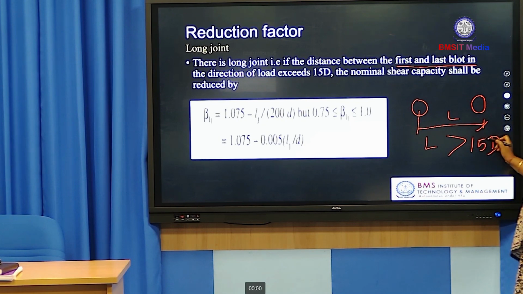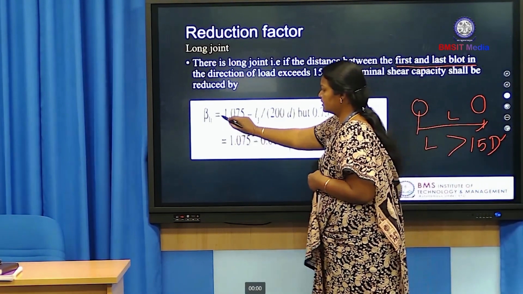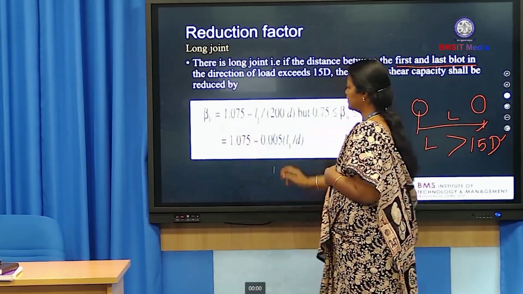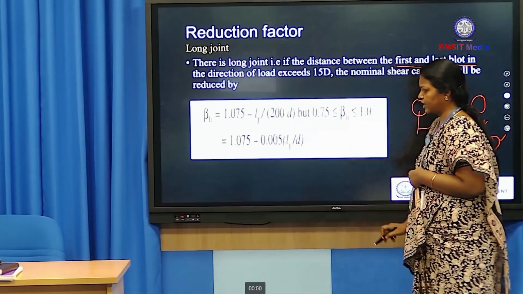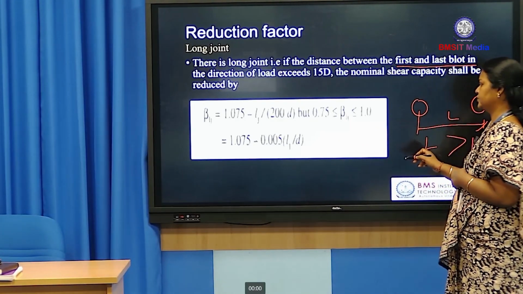If L is greater than 15 times the diameter of the bolt, d meaning the nominal diameter of the bolt, we have to introduce one factor, that is beta Lj, for long joint. This is the factor: 1.075 minus Lj divided by 200d.